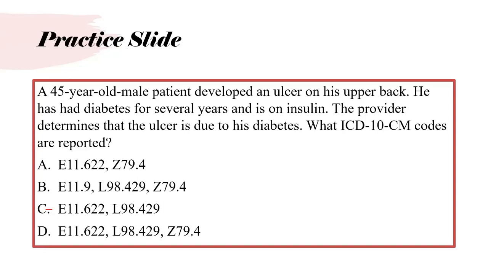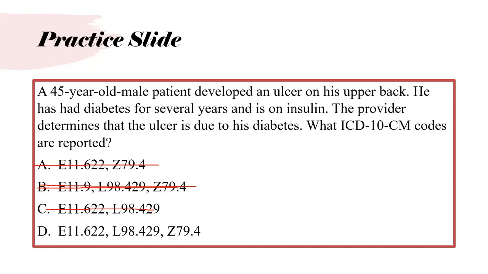So I think before we ruled out C, and now you can rule out B because we need to be sure to include the fact that the patient has an ulcer. And you could also rule out A. Do you know why we can rule out A? It mentions the diabetes, it mentions the insulin, but A does not mention the ulcer.